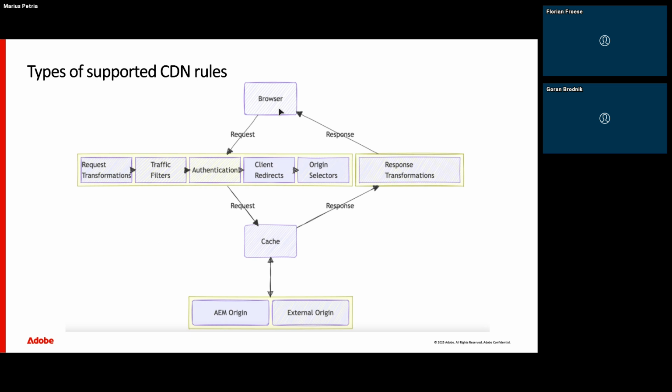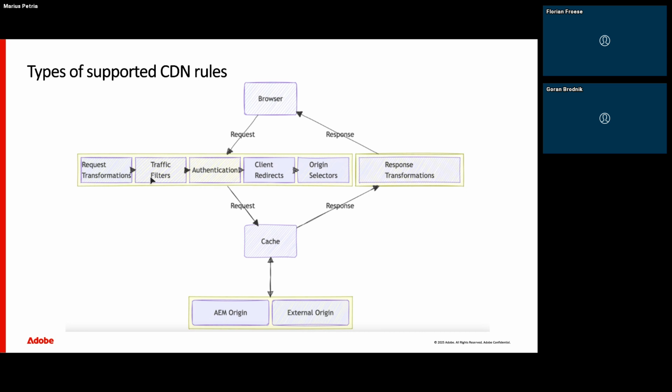Each of these phases is executed in an order. The browser makes a request to the CDN, and then the first ones that are executed are the request transformations. Here you can manipulate the request, add, remove headers. It's the exact request that comes from the browser, so unaltered by any of our logic.